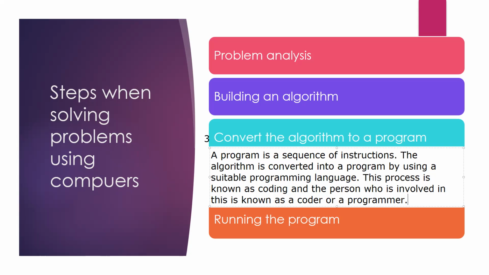So you can say a program is a sequence of instructions. The algorithm is converted into a program by using a suitable programming language. I told you there are many programming languages like Pascal, Python, C, C Sharp, Java, JavaScript, and so on.